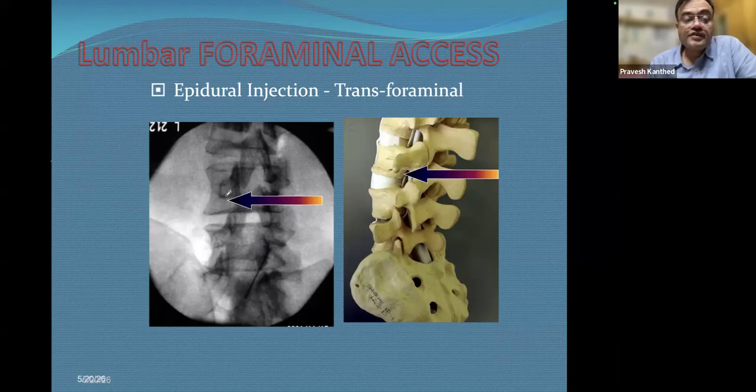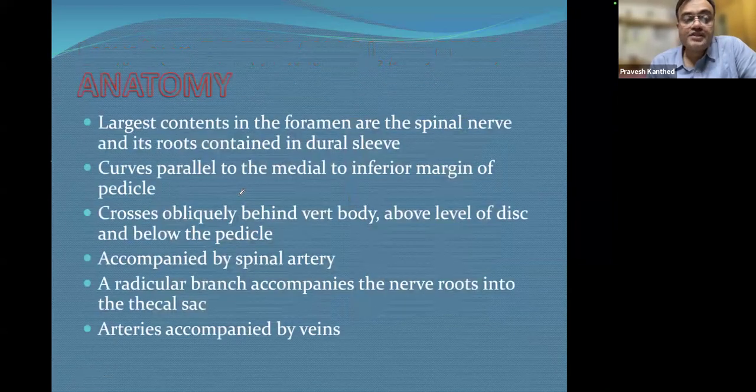There is a technique in which you bend the needle, target the lower part of the pedicle, and advance your needle up to the pedicle. Once it touches the pedicle, you take a lateral view, turn your bevel caudally, enter into the foramen and see the depth, then again take an AP view and do a dye study. I'll show you what I mean by all these structures while showing you the procedure.